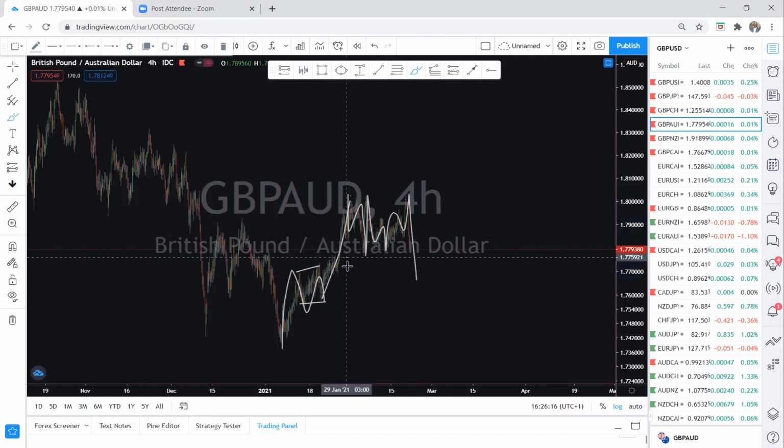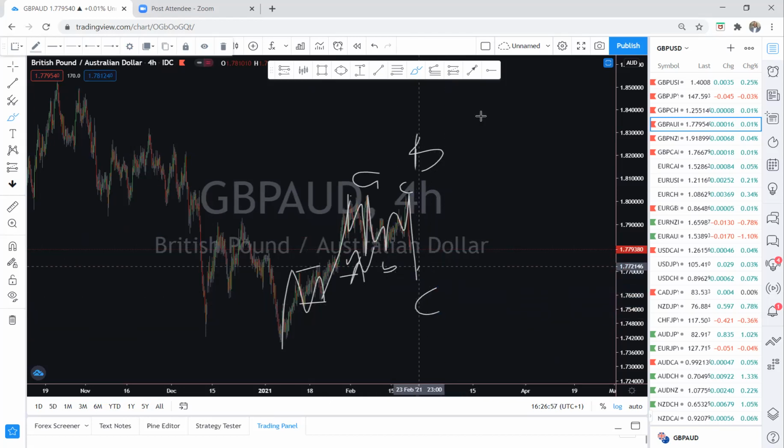This 3-wave move is a W. To the downside, you have a move to the upside, which is A, a 3-wave move back with B, and a 3-wave move to the upside with C. That 3-wave at the middle constitutes X. Now this last wave is an impulse, so we cannot label this WXY. We have to label it A, B, and C, because it's not a 333 wave structure.